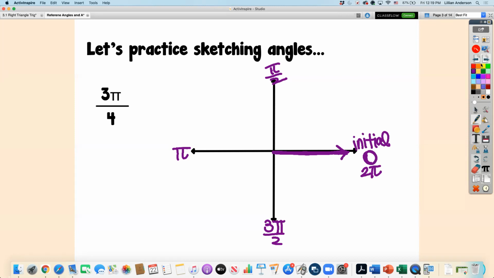You have 0, 1/2, 1, 3/2, 2. If I take out the pi here, I'm looking at 3/4. Is 3/4 in between 0 and 1/2? Is it in between 1/2 and 1? Yes. So your terminal side lies in the second quadrant.